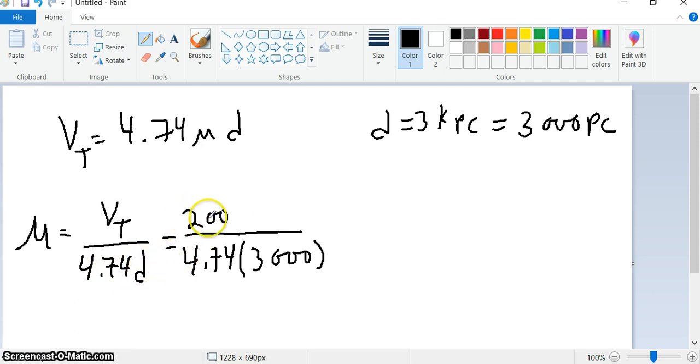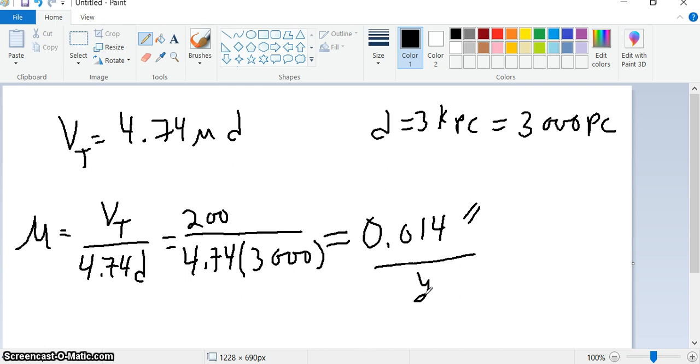They gave us the velocity in kilometers per second, as it should be. There's the constant, and the one thing you've got to remember is that 3 kiloparsecs is 3,000 parsecs. So this turns out to equal 0.014 arc seconds, I'll just use the double hash marks, per year.